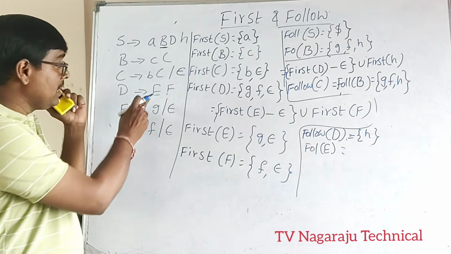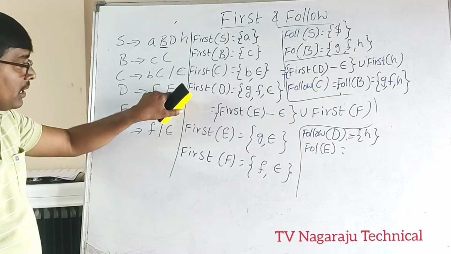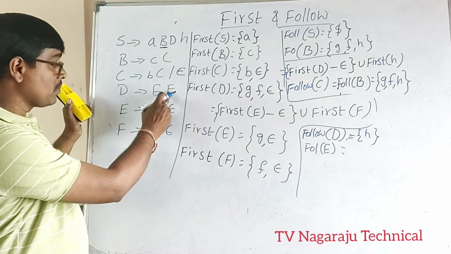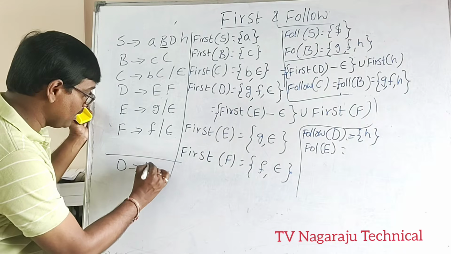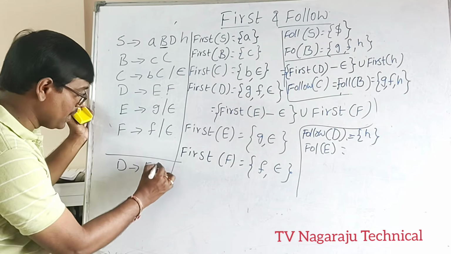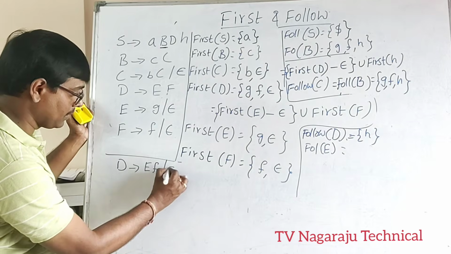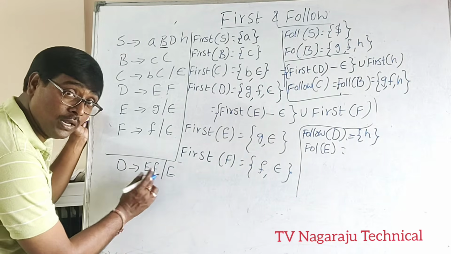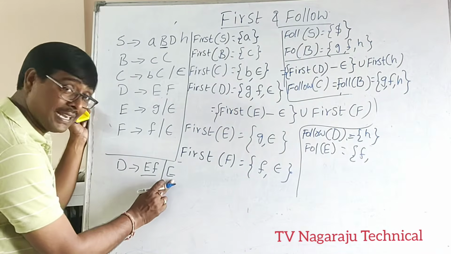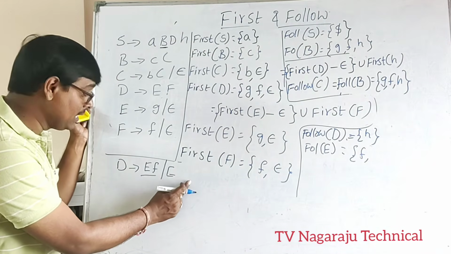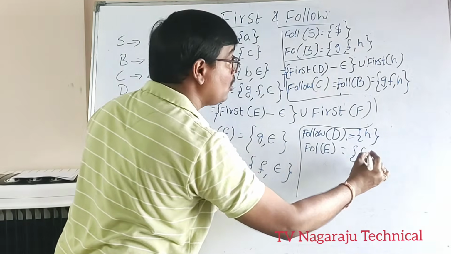Now follow of capital E. Where does E appear? E appears here, followed by a non-terminal F. F is replaced with either small f or epsilon. Again I will write, suppose D tends to E, F, and F is replaced with small f or with epsilon. If you consider this one, follow of E is equal to f. If you consider this one, after E nothing is there, which means the follow of D. What is the follow of D?